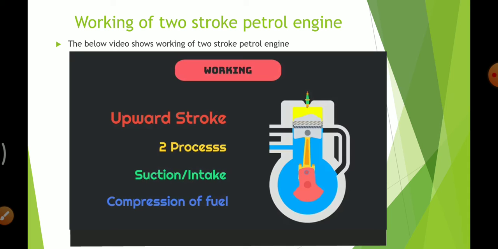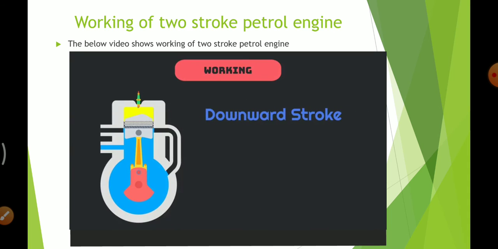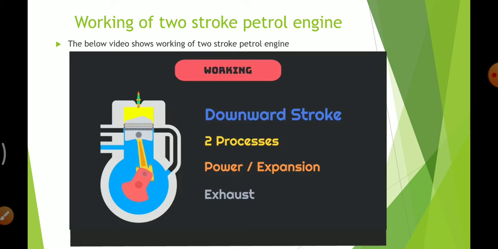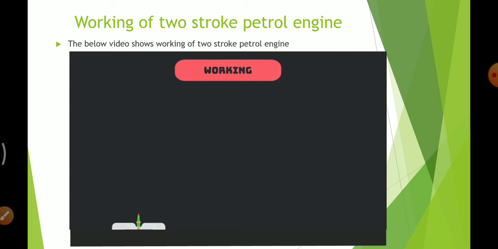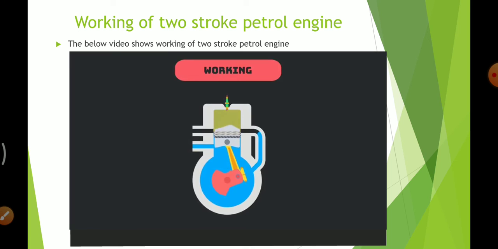One more difference is that in a diesel engine no mixture of air and fuel enters the cylinder; only fresh air enters. After compression, at the end of the upward stroke, the fuel is injected into the compressed air, the hot air ignites the fuel, and that produces high temperature and high pressure that pushes the piston downward. That is called the power stroke. This is the only difference between petrol and diesel engines.